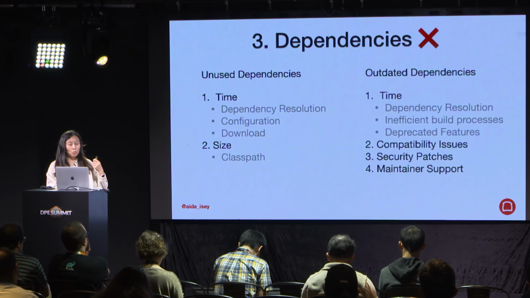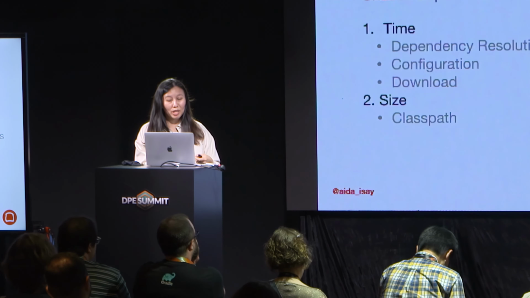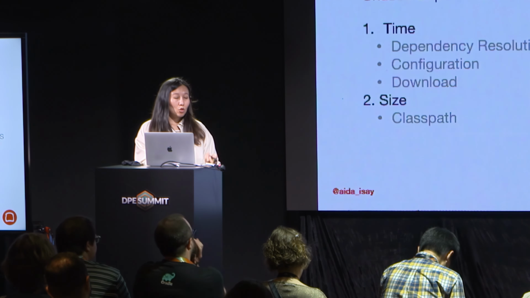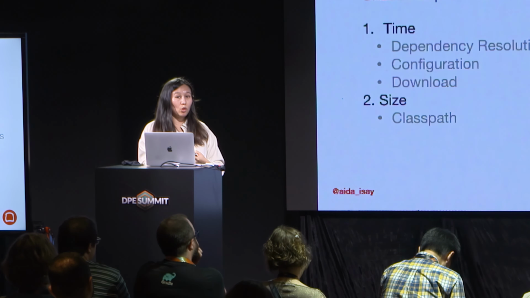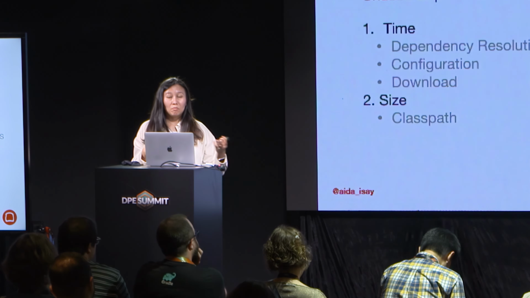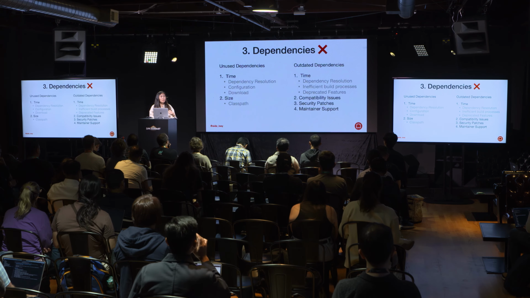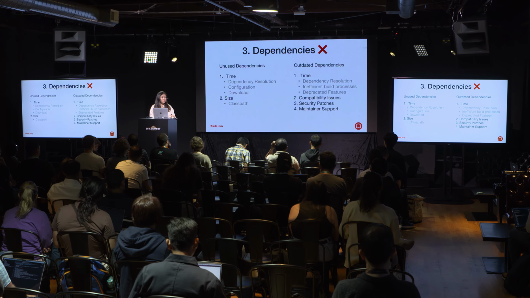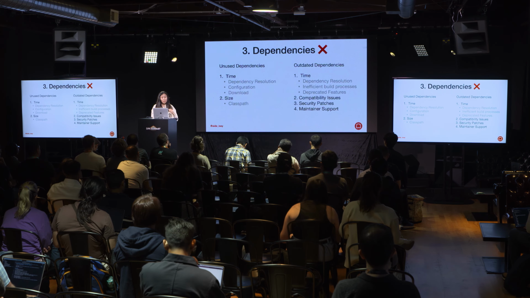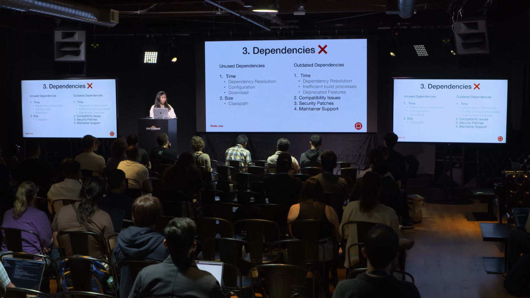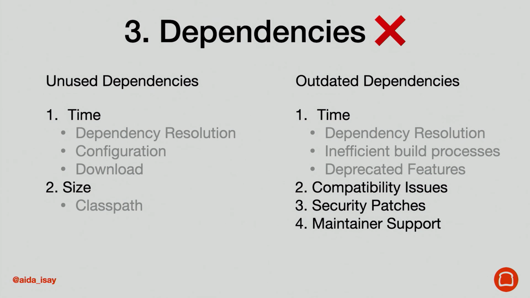So it adds up to an inefficient build process and to the dependency resolution overall, not to mention the fact that there could be deprecated features in outdated dependencies that are not supported in a newer environment. Let's say something is not supported by JDK 19 and you're sitting still on an older version of AGP, right? All of these warnings and additional compatibility settings will end up adding time and complexity to your configuration. Other reasons also include compatibility issues, security patches, and the lack of support.